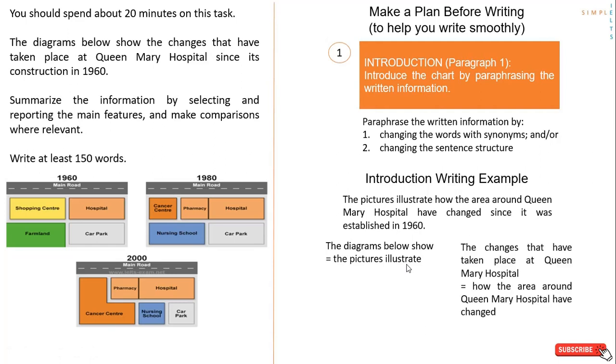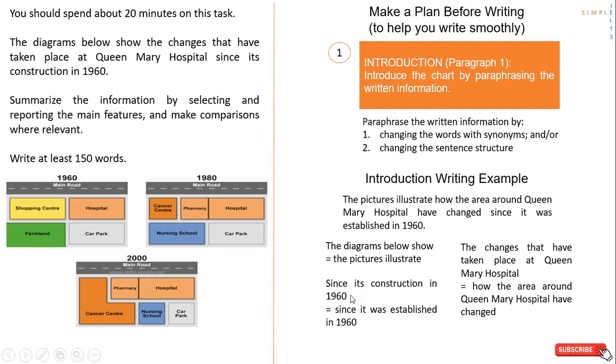And then the changes that have taken place at Queen Mary Hospital has the same meaning as how the area around Queen Mary Hospital has changed since it was established in 1960. And then since its construction in 1960 has the same meaning as since it was established in 1960. Construction has the same meaning as established.